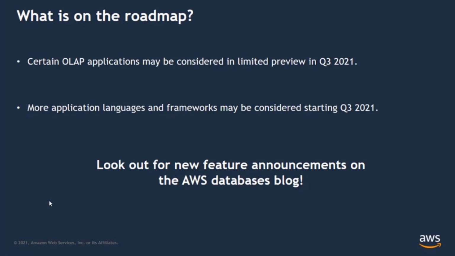And we started with Java and C# based languages and frameworks, and we'll add support for more languages moving forward in Q3. Our goal is to be able to serve all kinds of workloads that have been built over the last 20, 30 years. And we look forward to supporting you and all of your legacy frameworks and helping you migrate to AWS.